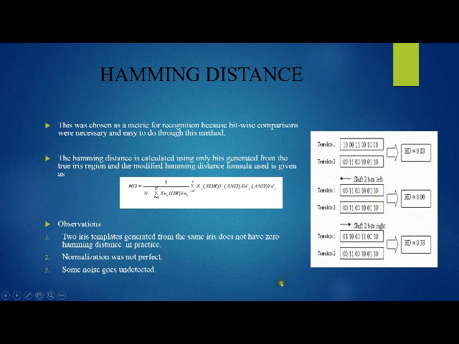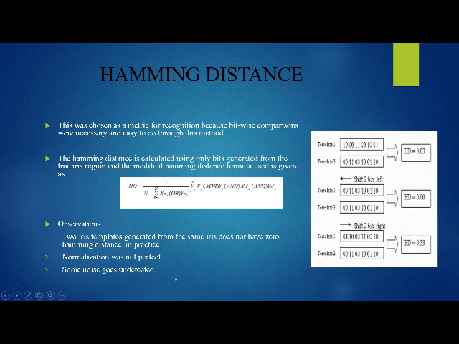So through my project, I made a couple of observations while working with Hamming distances. One is that even though two iris templates are generated from the same iris code, they seem to not have zero Hamming distance in practice for some reason.